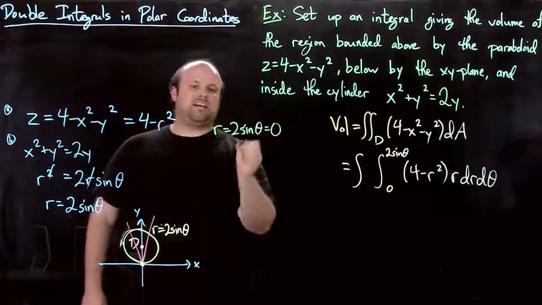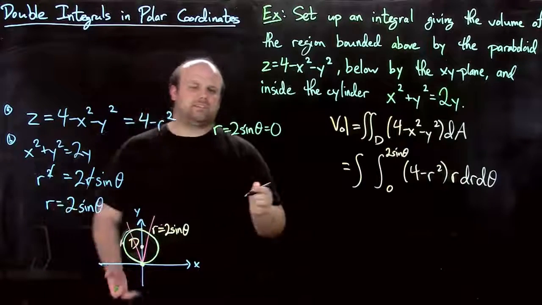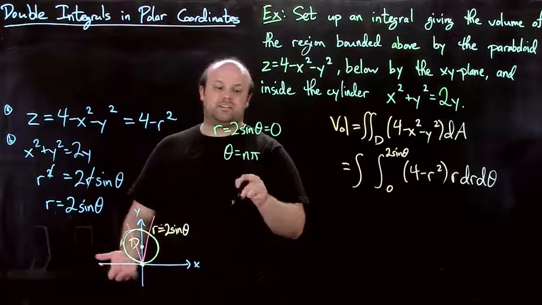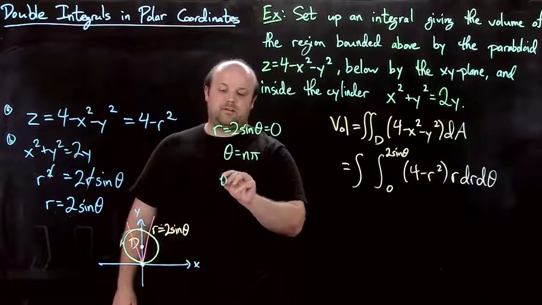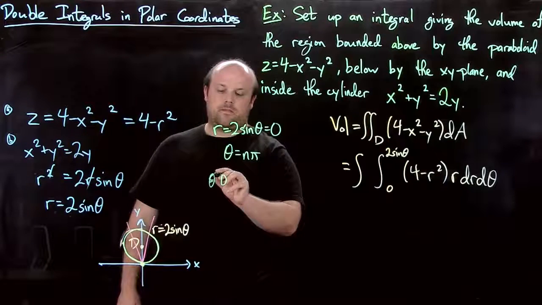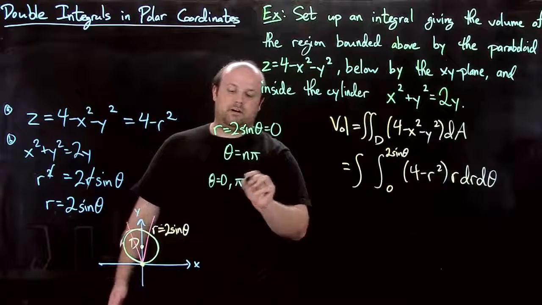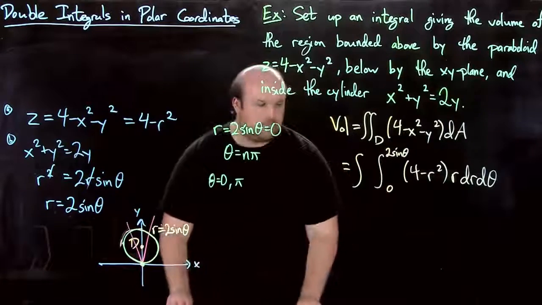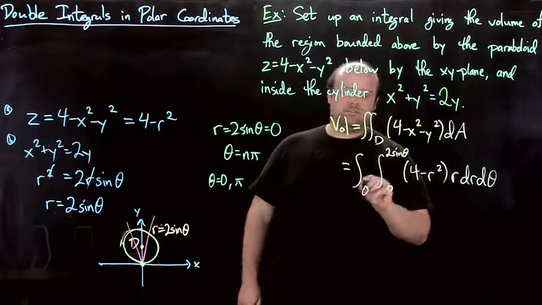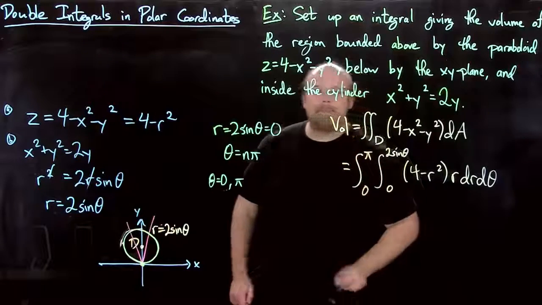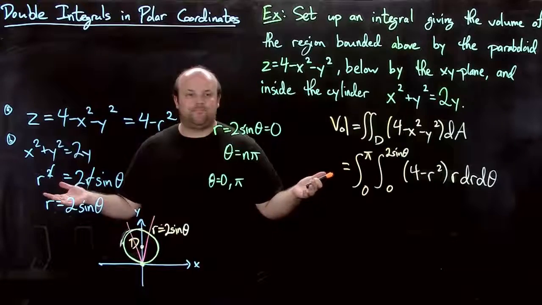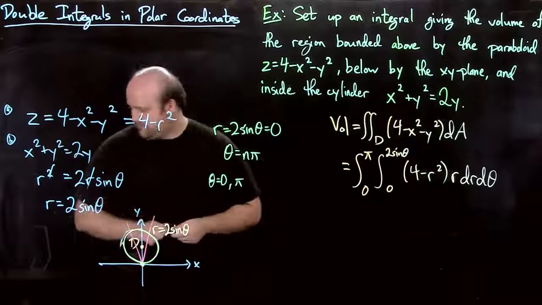That's the same as asking when sine theta is 0, which is at n pi. So we can use theta equals 0 and pi. Those are good places. So theta goes from 0 to pi, and that's how you set up the integral.